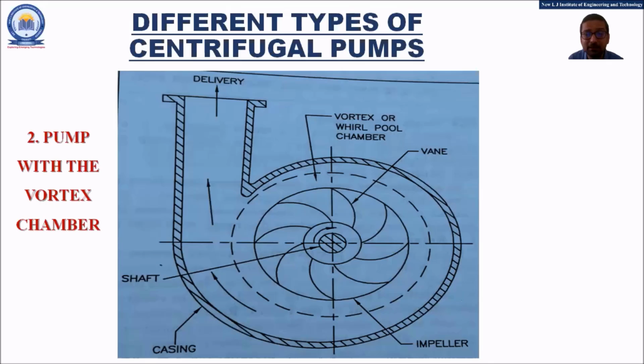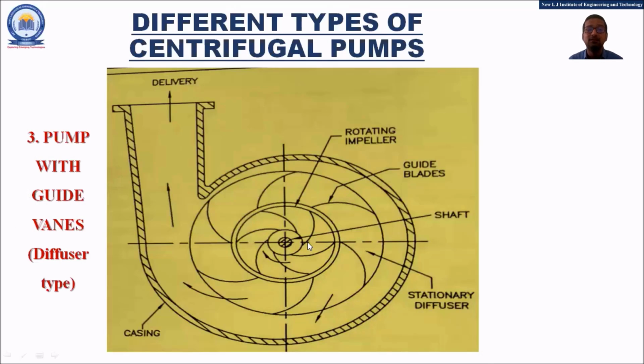The third type of the pump and the practically used pump, that is the pump with the guide vanes. Another name of this pump, that is the diffuser pump. In this pump we are observing that surrounding the impeller there is one stationary diffuser. The design of the stationary diffuser is completely the opposite of the impeller.